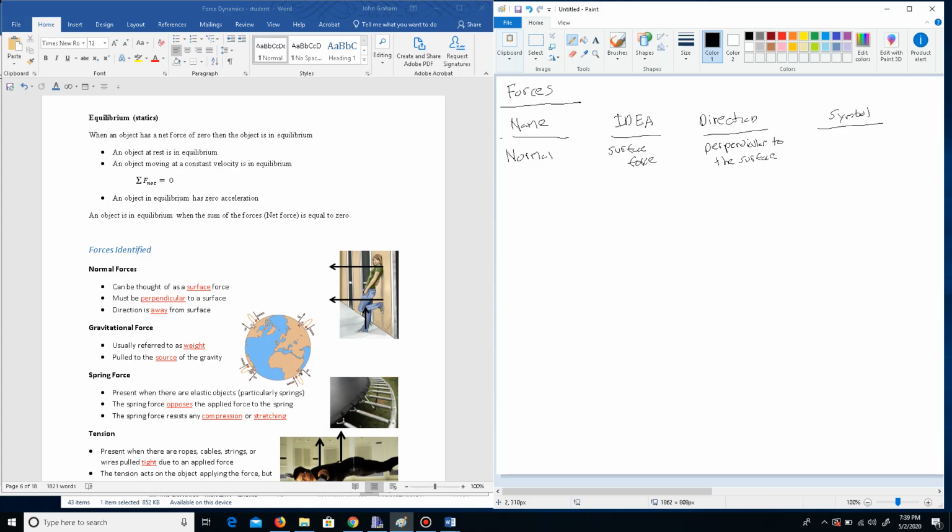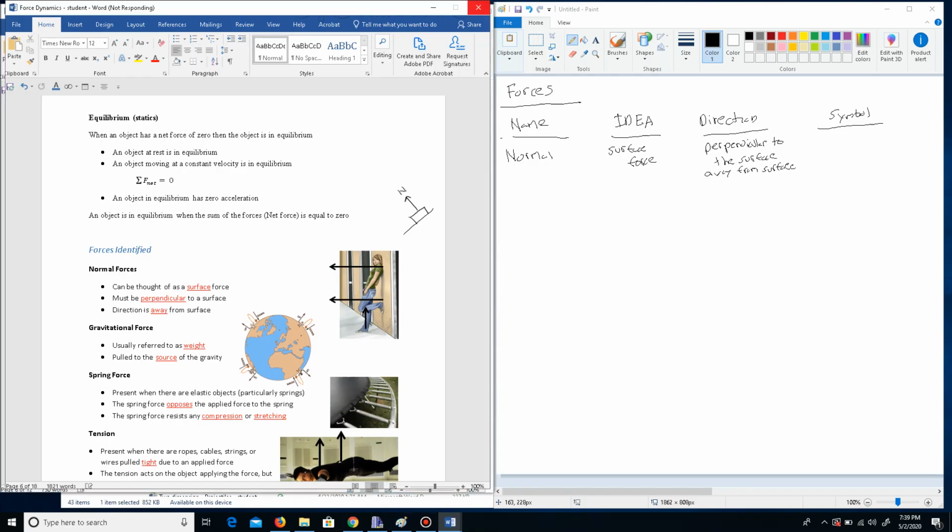Her foot on the ground, you have the normal force coming up. It's always away from the surface. If you have something on a hill, the normal force is at an angle. So it's always perpendicular to the surface and away from the surface.